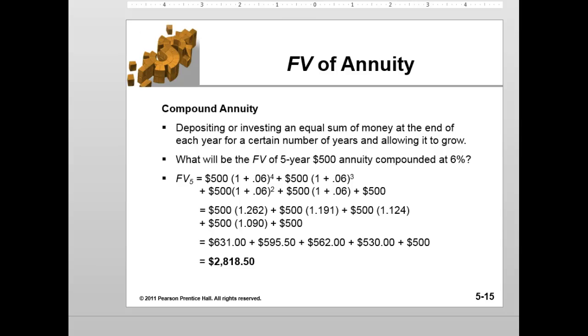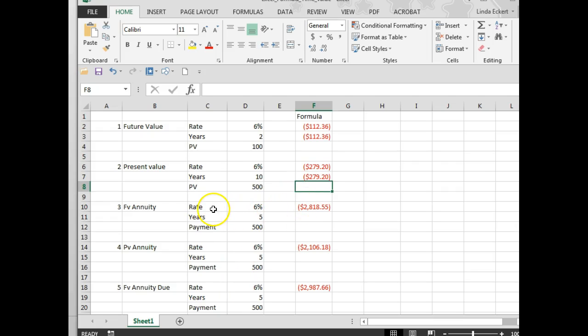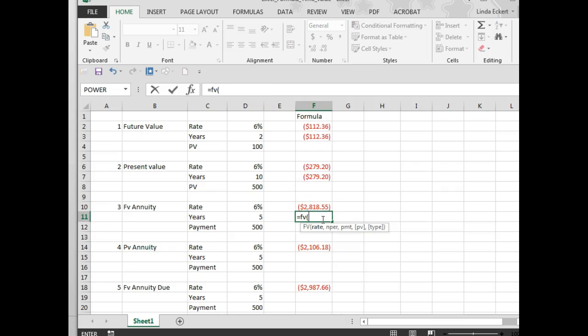Now, to do that here, let's do that also. This is the future value of annuity, and this one is giving us the payment, so it's going to be different. So we're going to do equals FV.